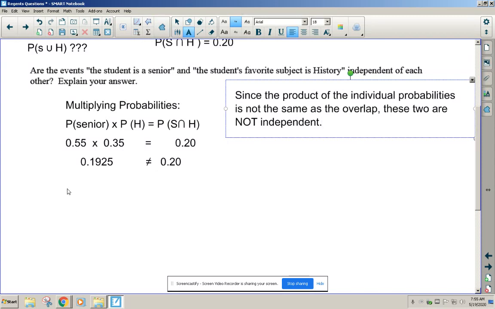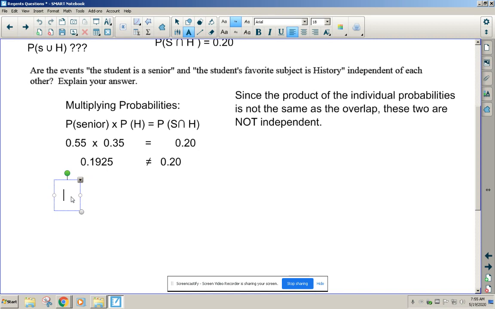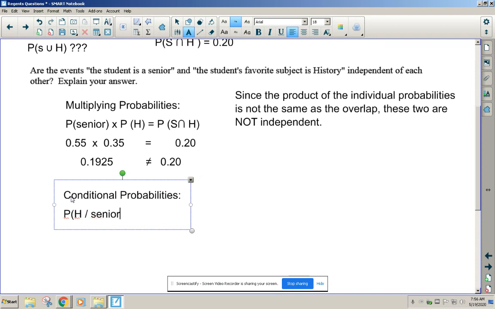If you decide that you like conditional to prove independence, then the formula for conditional probabilities to prove independence is you would need the probability that you're a senior and history, given you're a senior, would have to equal the probability that you liked history standing alone.